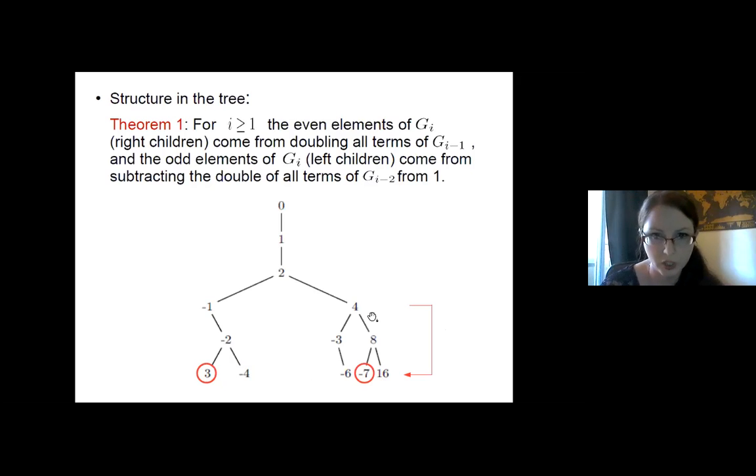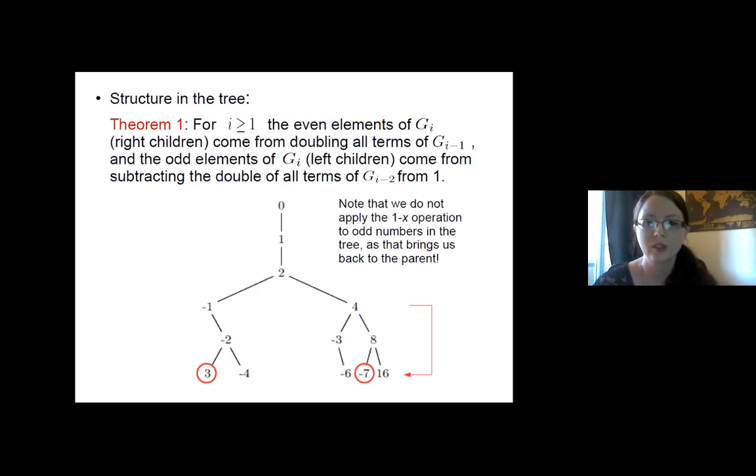So the combination of those 2 operations. So basically in any given row, if we go 1 generation back, we're doubling all of the elements. And if we go 2 generations back, we're doing 1 minus the double of all the elements. So we can see sort of recursively how this tree is growing based on those 2 operations.